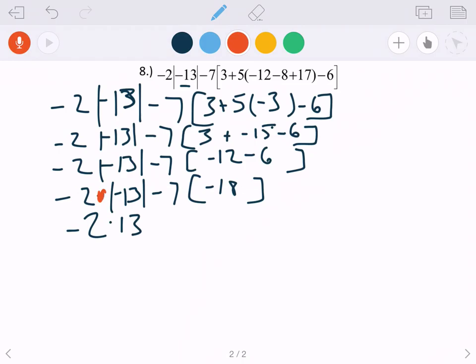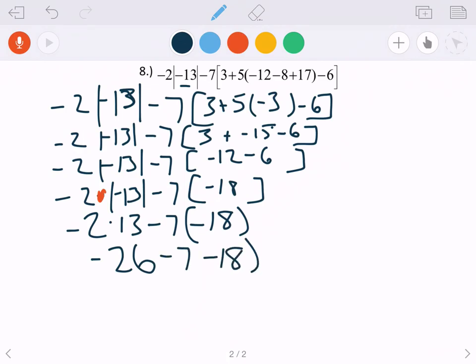So that means it's going to be a multiplication problem. So now I have negative 2 times 13 minus 7 and then times negative 18. So that's going to be negative 26 when I multiply.